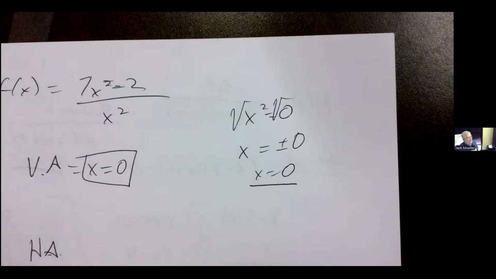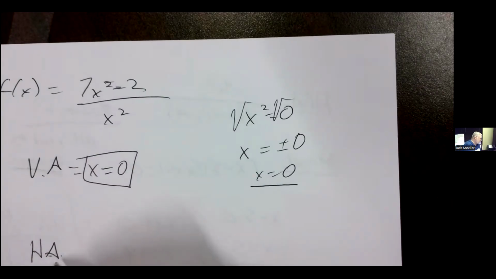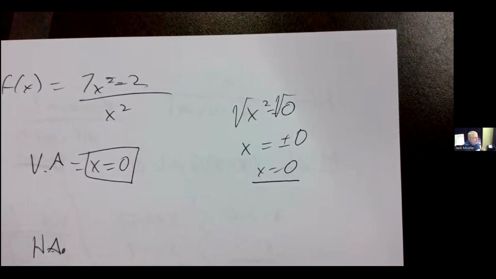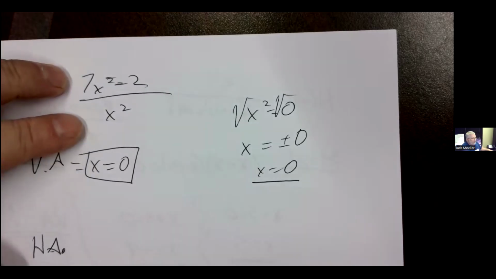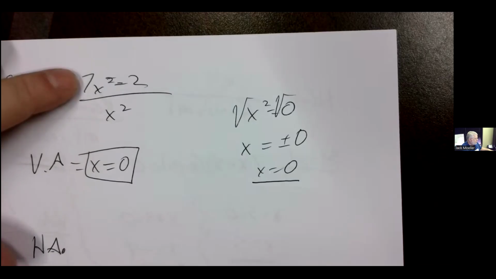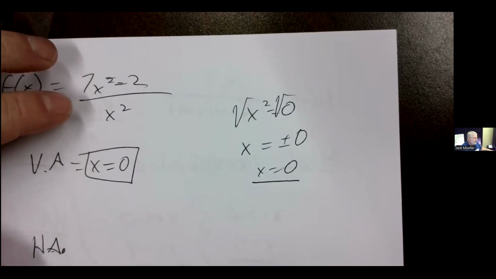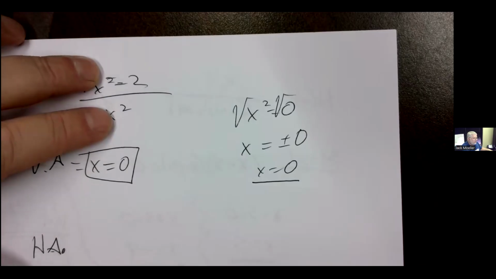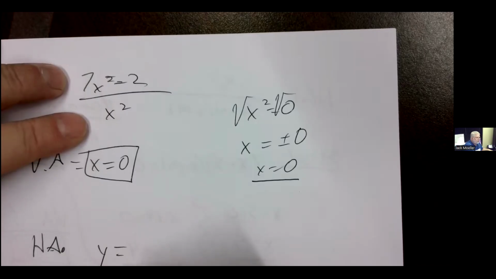Okay. Now for the horizontal asymptote, that's where you have to compare the degree of the top with the degree of the bottom. And there were 3 cases. If the degree of the top is smaller, then it's always at y equals 0. Okay. But we're in case 2 because the degrees are equal. So when the degrees are equal, it's at y equals, and you take the coefficients.